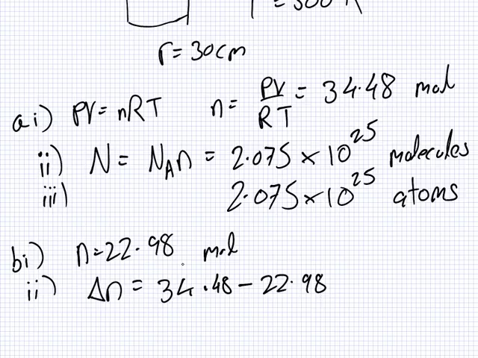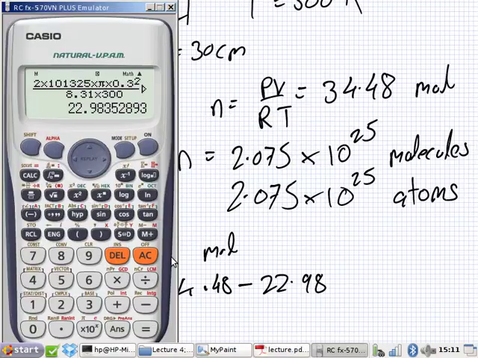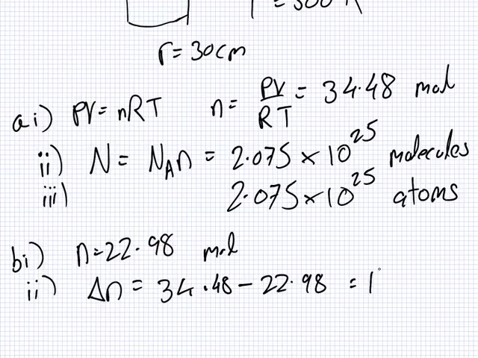Where did I get 22.98? I just opened up my calculator and went back to where I calculated 34.48, and the only thing I had to change was the pressure. Went from a 3 to a 2. The volume's the same, the temperature's the same, everything else is the same. Is that okay? This is 11 and a half, right?